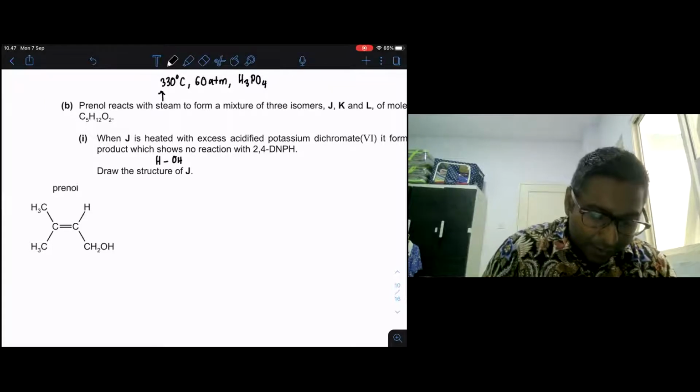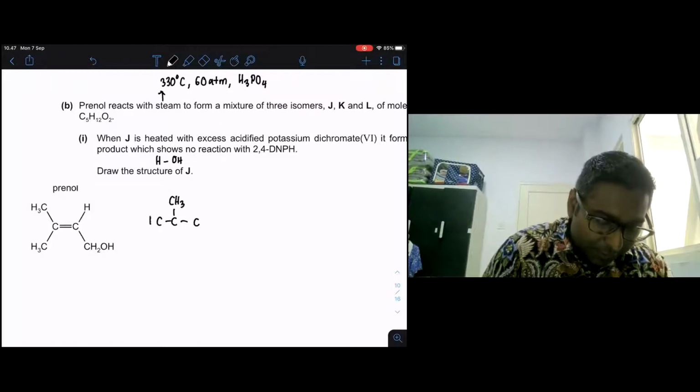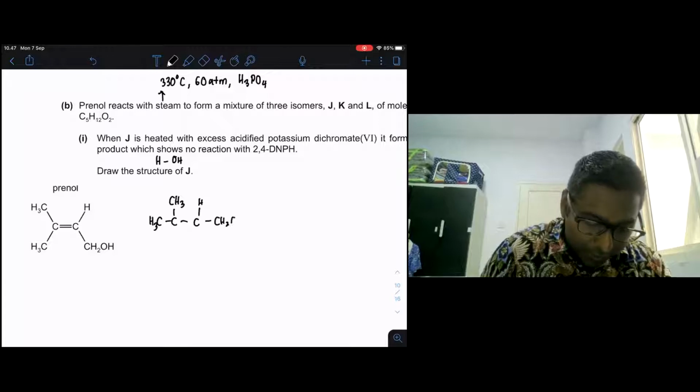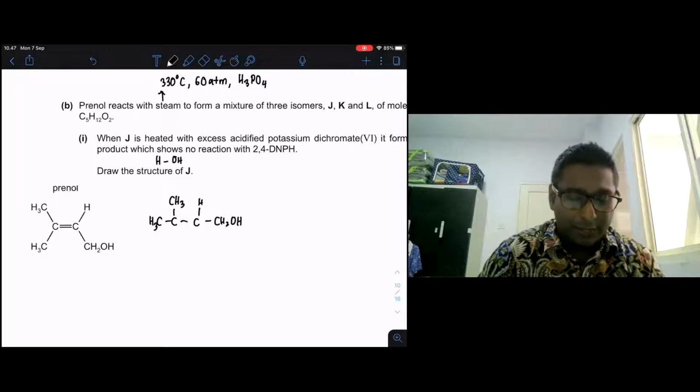If I write it down like this, imagine the double bond is already broken. I bring the CH3 over here, and then H, and then CH2OH. I can have two ways in which this reaction can take place.